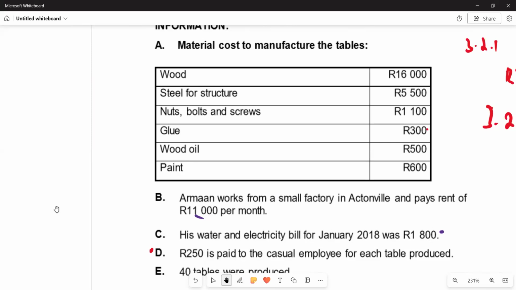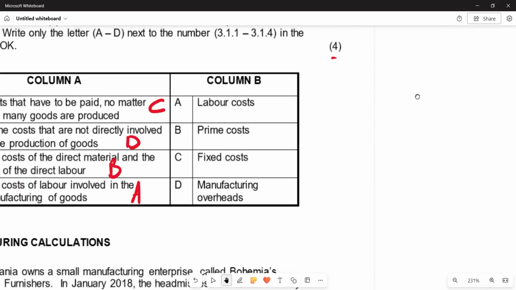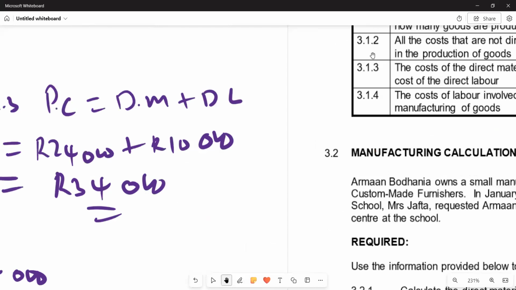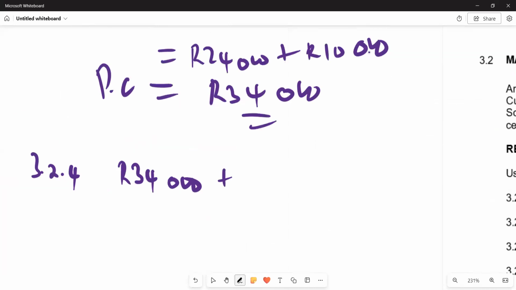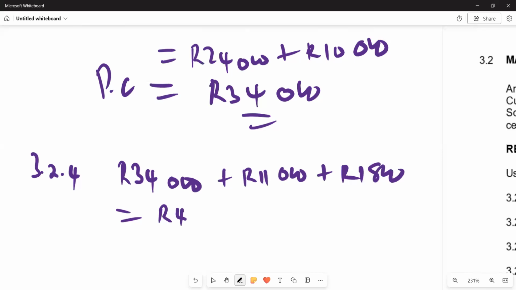We get 46,800, which becomes the total production cost.